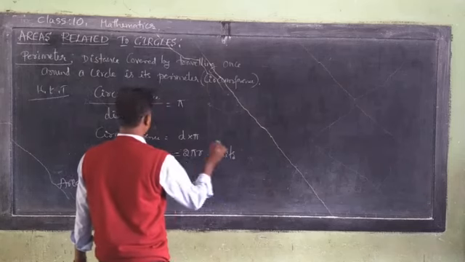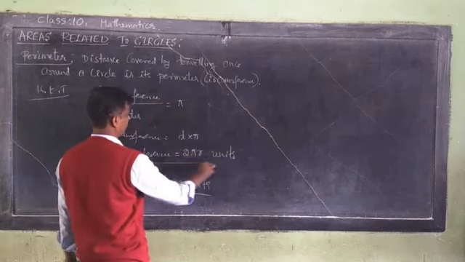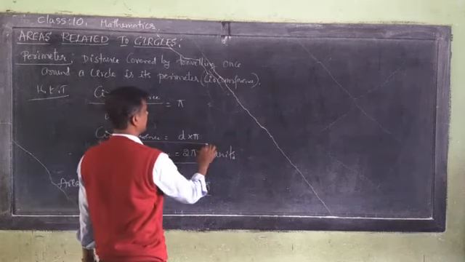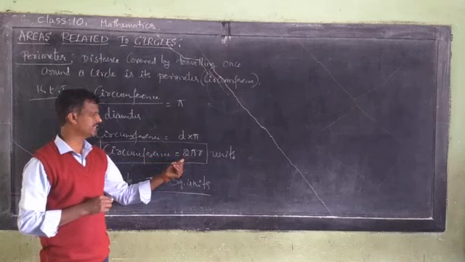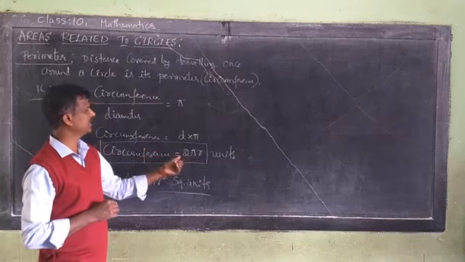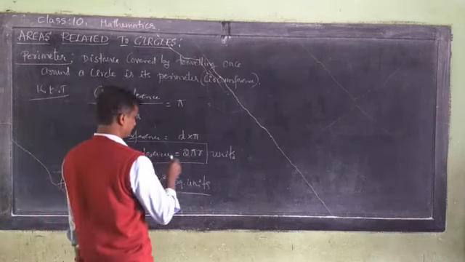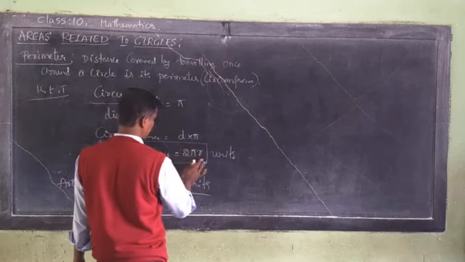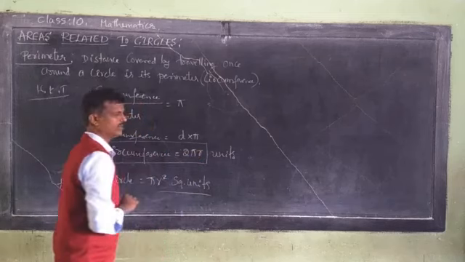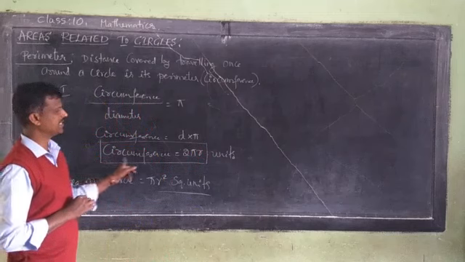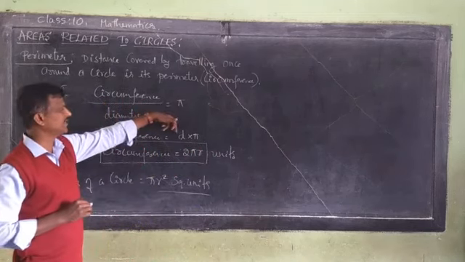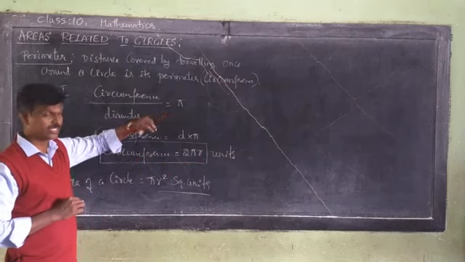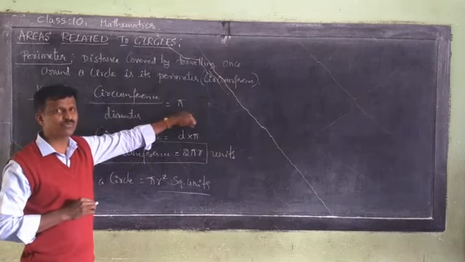If you write in terms of the radius, your diameter is always twice the radius, which can be written as 2r. Therefore, circumference is equal to 2r into pi, which is 2 pi r.